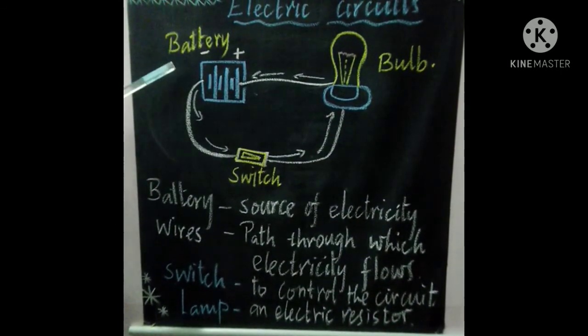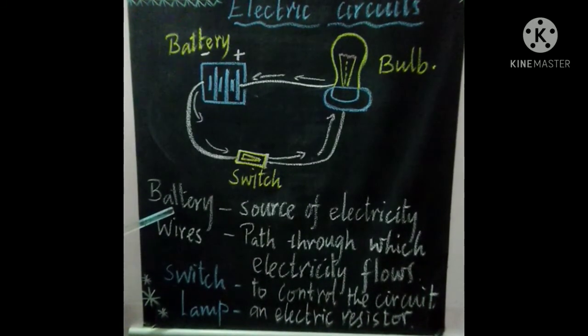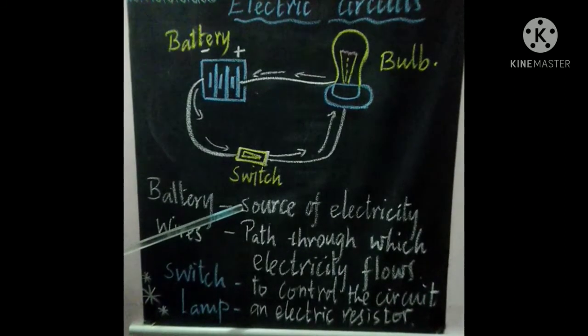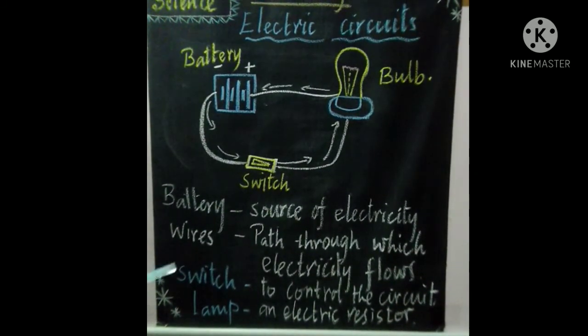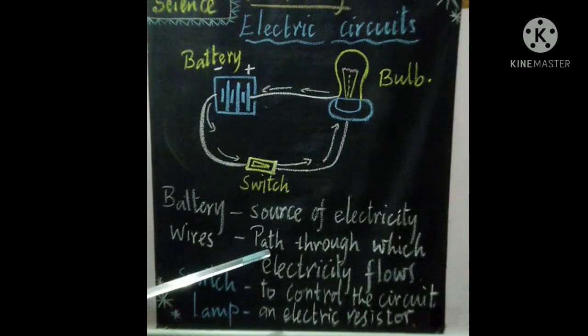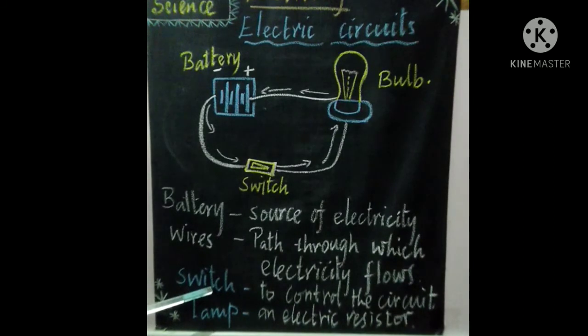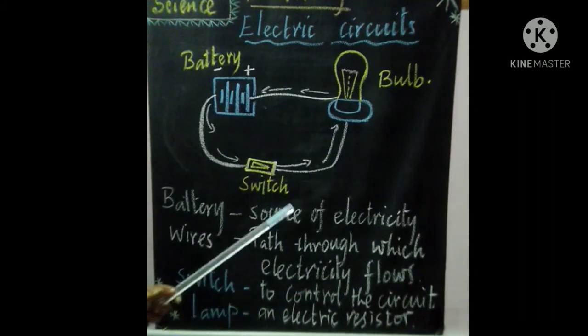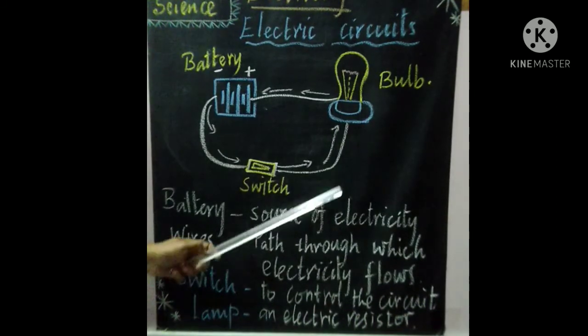So what are the important parts of a simple circuit? A battery, the source of electricity. Wires, the path through which electricity flows. A switch to control the circuit. Finally, the lamp, an electric resistor.